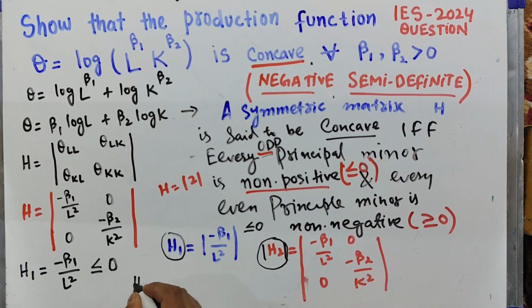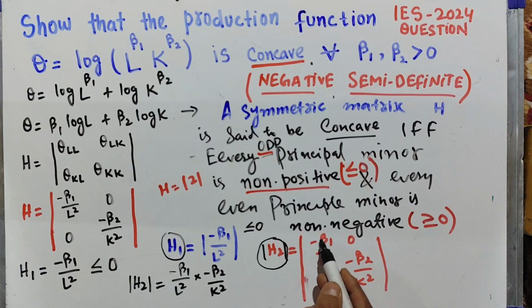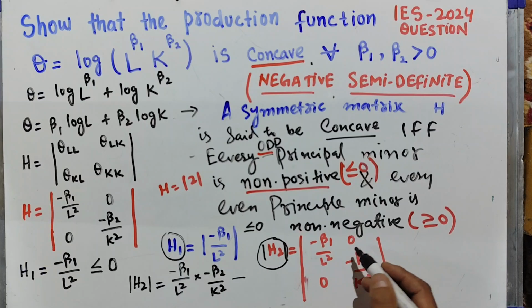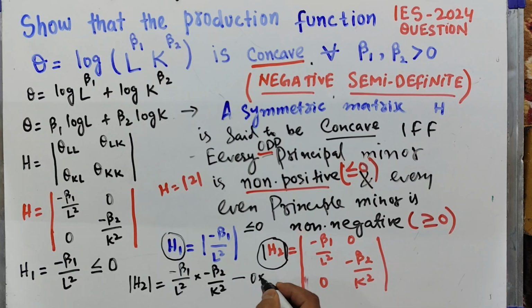Taking the determinant, multiplying these two elements, minus beta 1 divided by L square times minus beta 2 divided by k square, then subtracting the product of the other two elements, 0 into 0.